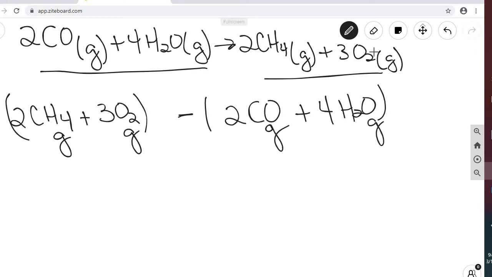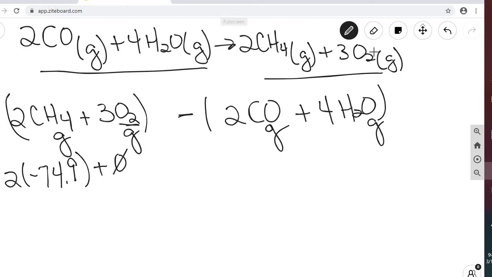So everything is in the gas phase. Okay, so 2 CH4s, this is going to be 2 times negative 74.9. I get that number just from the standard enthalpy of formation chart on page 424. And then 3 oxygens, those are going to be 0, right? Because this is oxygen in its natural state, so plus 0.